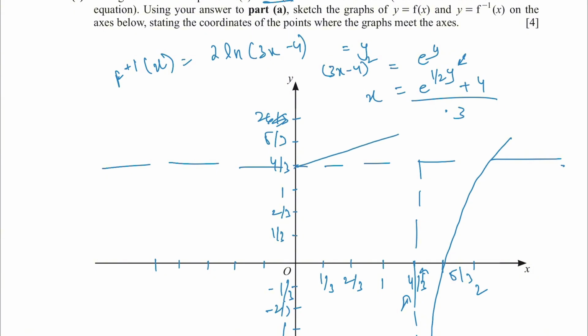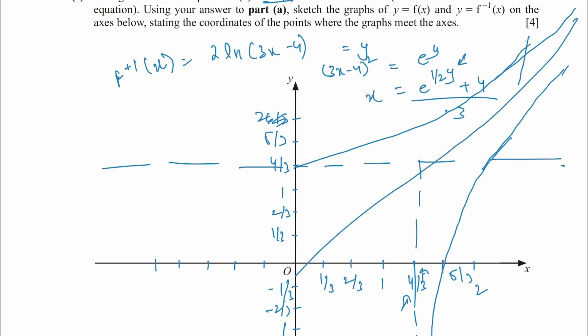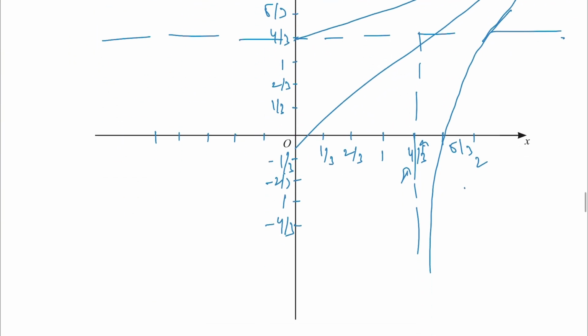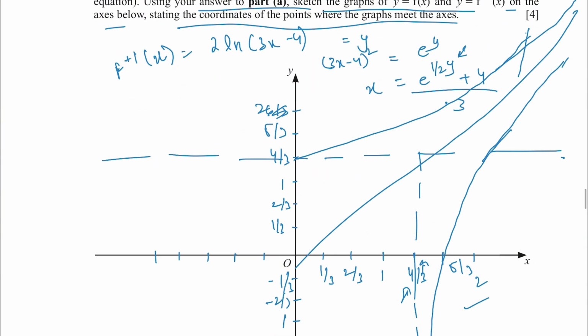Simply draw this line, and they would just be intersected at the next two points. You do not need to solve this using your answer to part B. Sketch the graph of this on the axis below, showing the coordinates of the point where we are done with the question. So this is the rough graph.